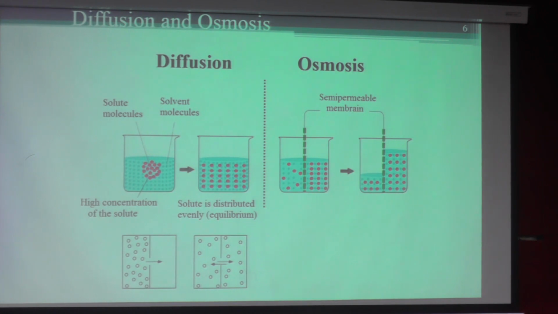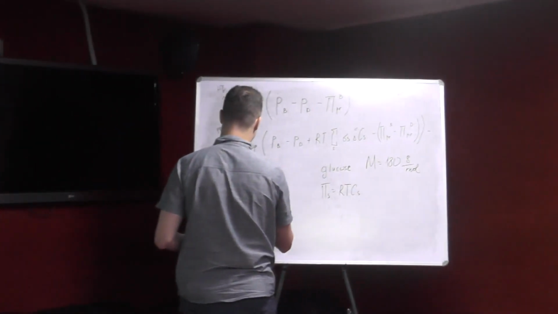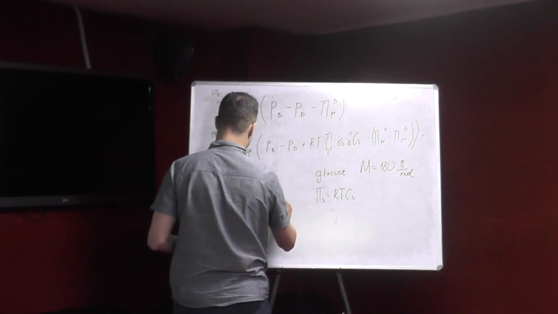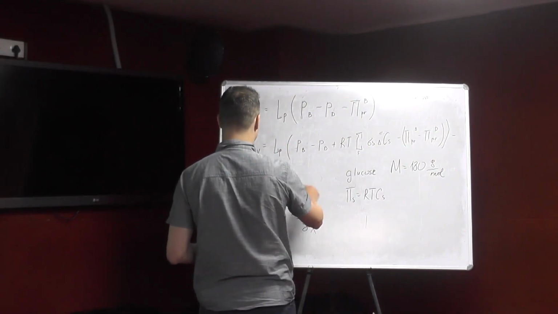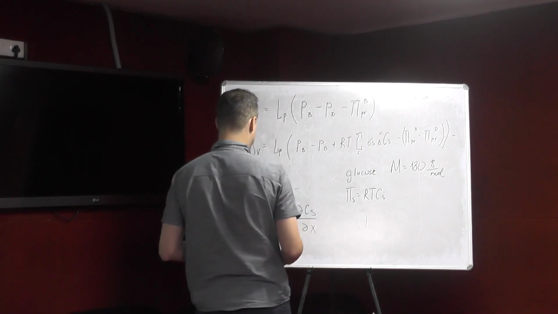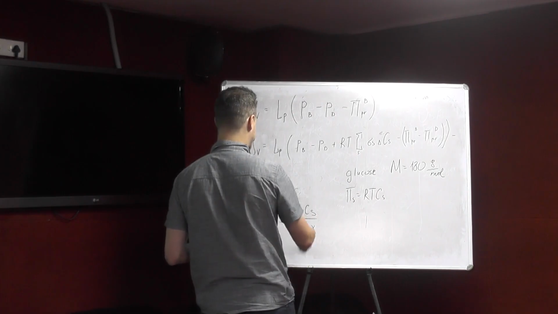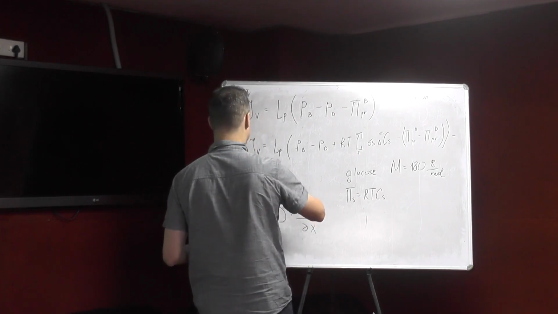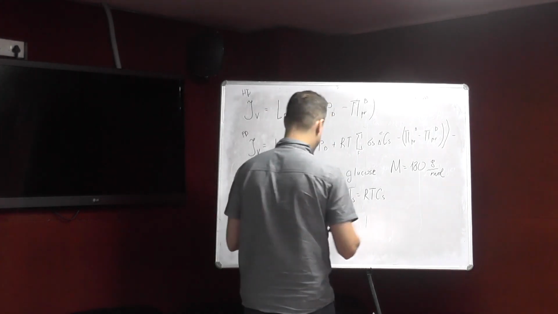So in case of a one-dimensional system, we can describe it as the gradient of concentration, a difference of concentration in some dimension, like if we assume that there is some dimension x, then we consider the gradient of the concentration in that particular dimension.